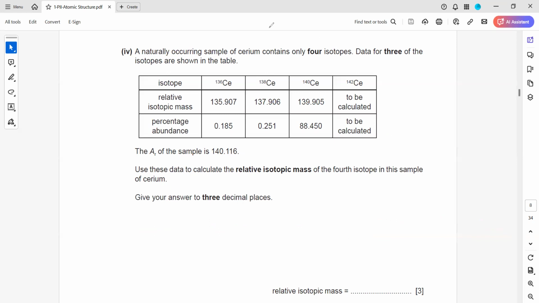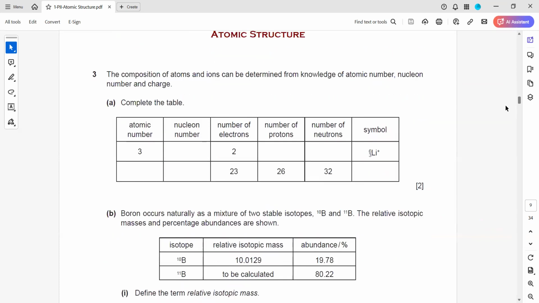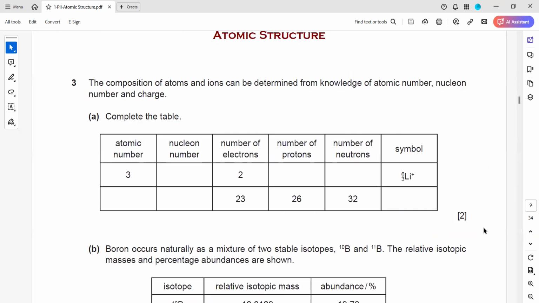The next we have: the composition of atoms and ions can be determined from a knowledge of the atomic number, the nucleon number, and the charge. Atomic number is 3.